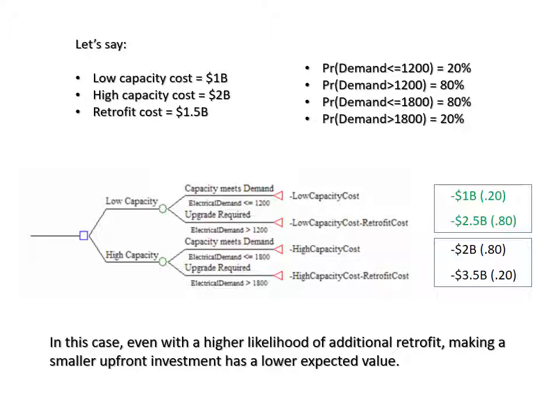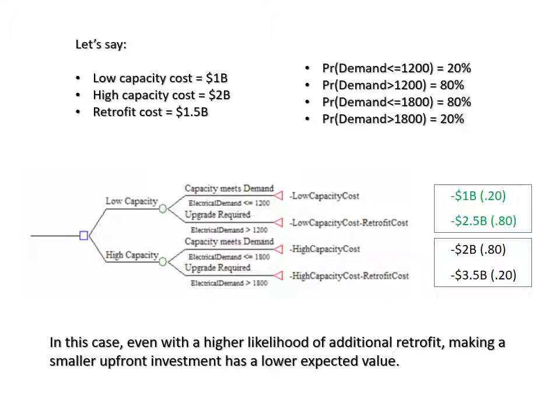Maybe your financing conditions are less ideal, or you have to pay more or something like that. And then we're going to assign probabilities of electricity demand being greater than or equal to these different thresholds off to the side. So a 20% chance that demand is less than or equal to 1200, 80% chance that it's greater than 1200, 20% chance that it's greater than 1800, and 80% chance that it's less than or equal to 1800.